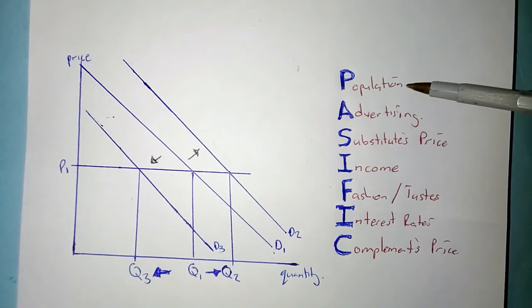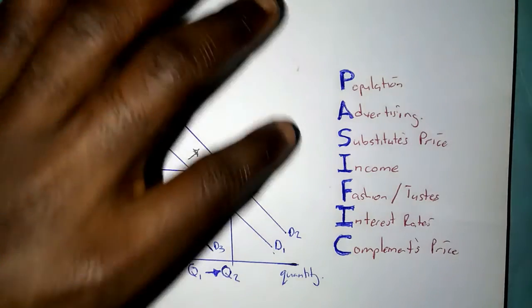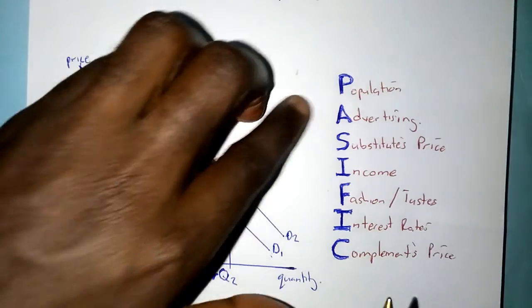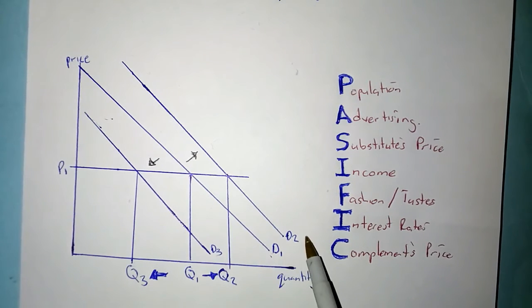In this case, we are talking about population. When you pick a factor, you tell us how that factor increases demand and how that factor decreases demand, isolating that relationship using this diagram. If population increases, demand for goods and services also increases, which will shift demand from T0 to T1.